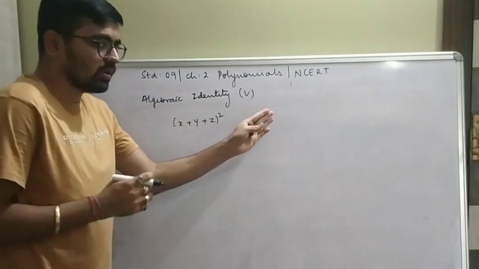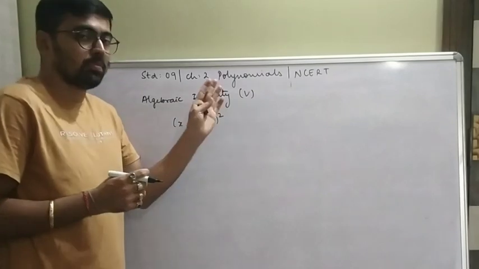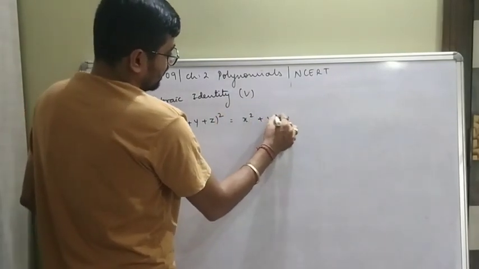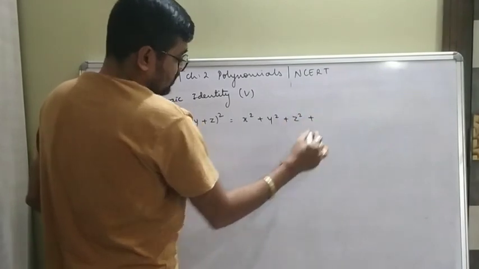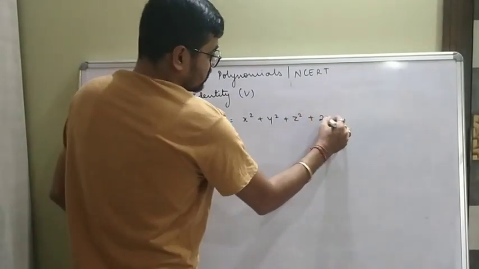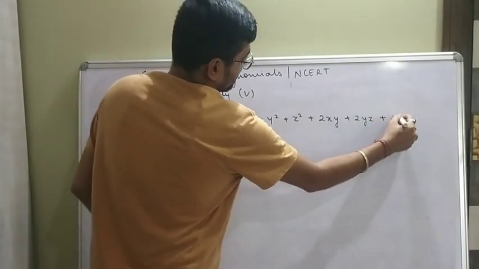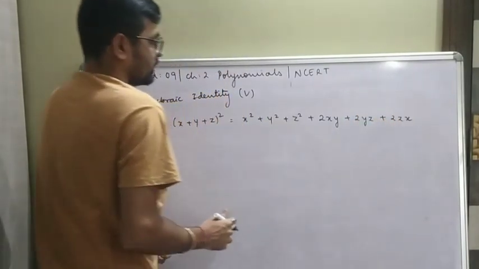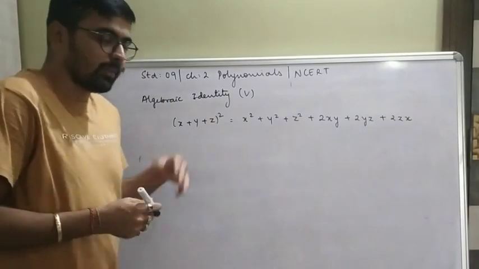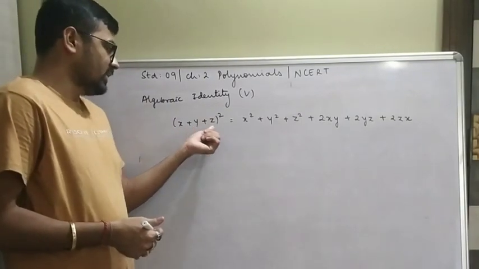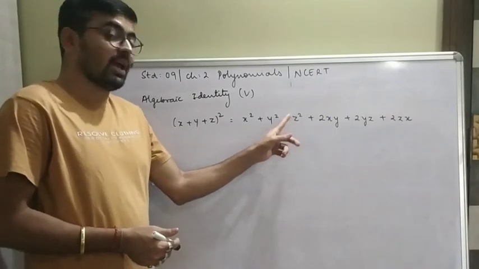So what I am going to write over here is very important. Please observe it very carefully. It is going to be x square plus y square plus z square plus 2 times xy plus 2 times yz plus 2 times zx. Correct? How can you remember this? The number of terms we have to square them and add them.